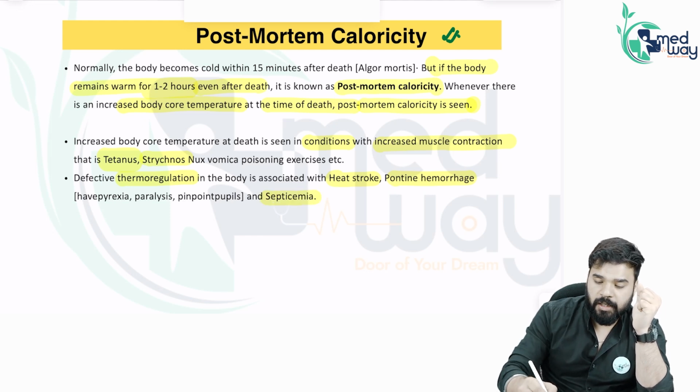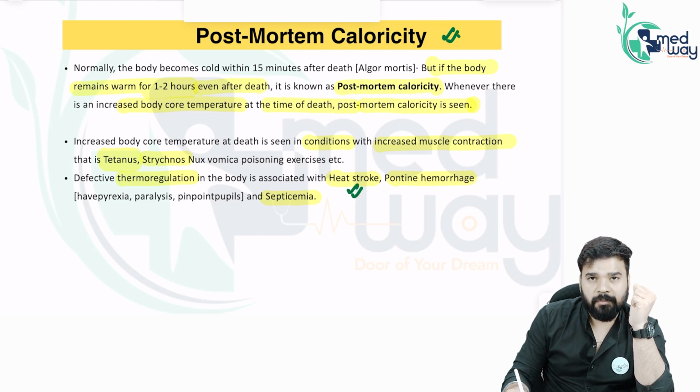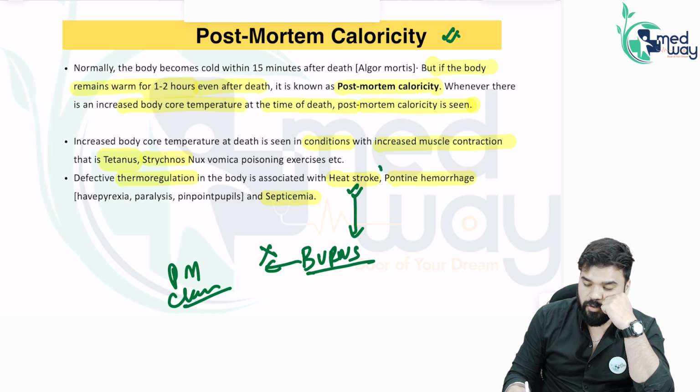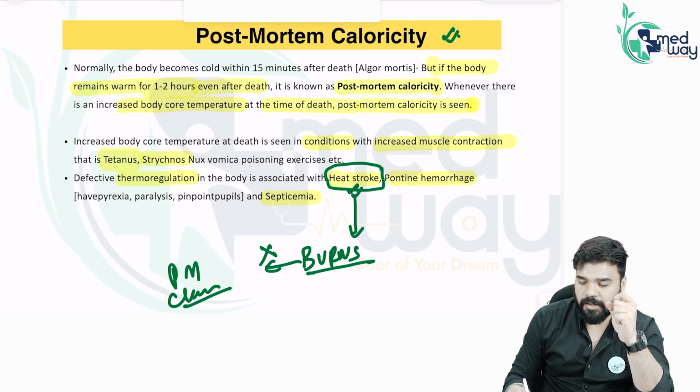Now, an important point to remember here is heat stroke will cause PM caloricity, but burns will not show PM caloricity. Okay. Heat stroke is responsible for postmortem caloricity, but burns is not. Please remember this, it is a question.